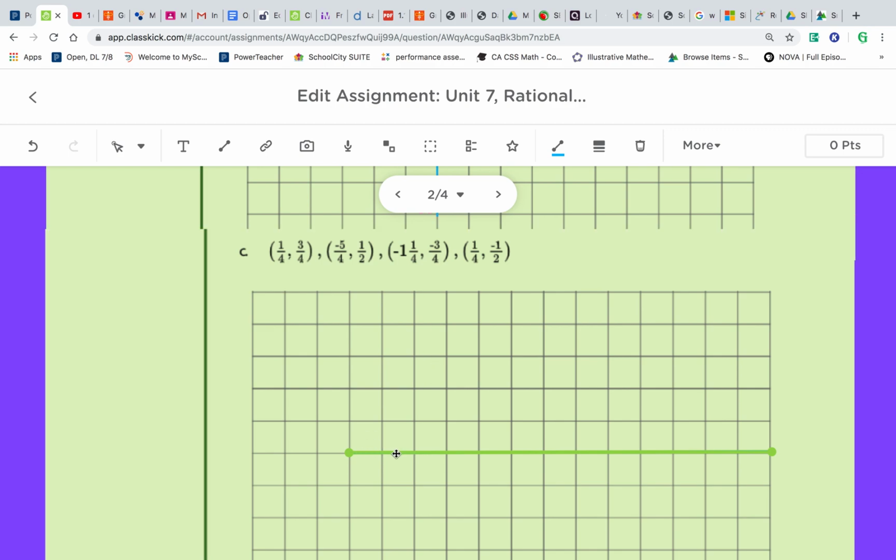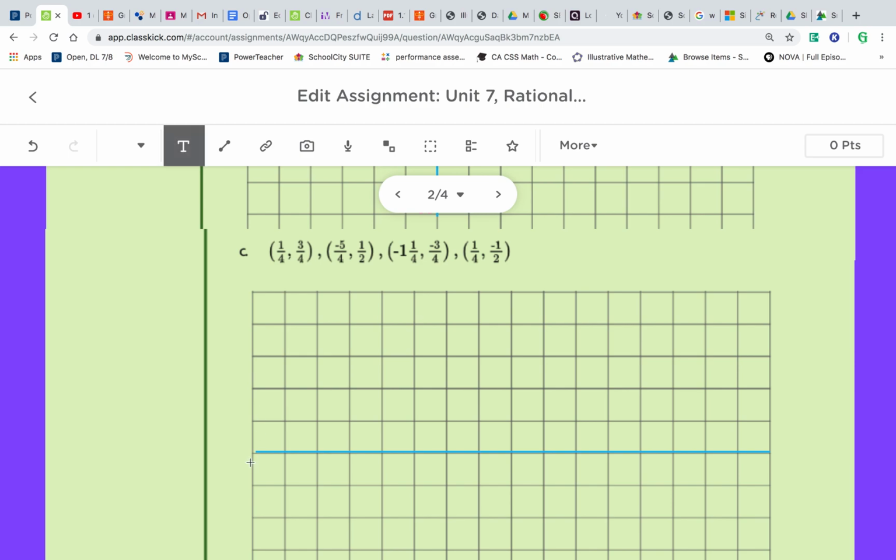But let's go ahead and let's move this back all the way to the beginning. This is still 5/4, 6/4, 7/4, 8/4. Now we have 2. Okay, so we need to go ahead and label all of the points here. So basically, we're going to do it in fourths, though. Even though this is negative 2 and this is positive 2, I'm going to describe it in fourths because all of these are going to be able to be plotted based on fourths.